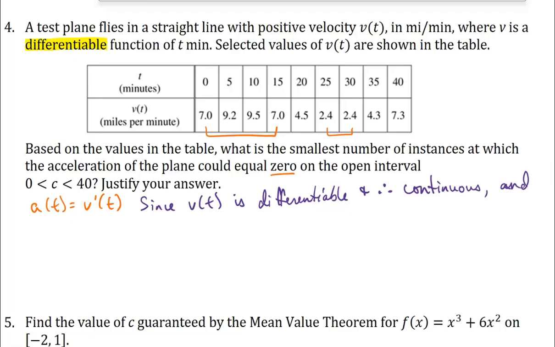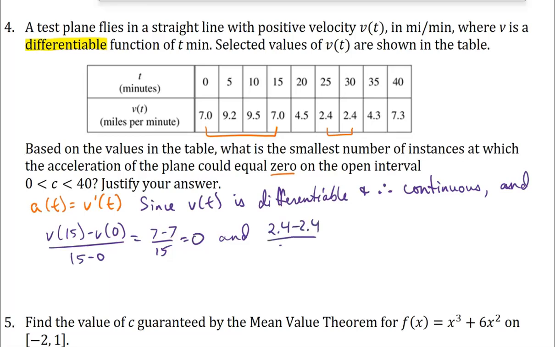So now I'm going to show the average rate of change on this interval, and then also this one, same discussion as before, is equal to 0. So I'm going to say v of 15 minus v of 0 over 15 minus 0 equals 7 minus 7 over 15, which is 0. So that's one interval, and 2.4 minus 2.4 over 30 minus 25. So that's the second interval, is also equal to 0.